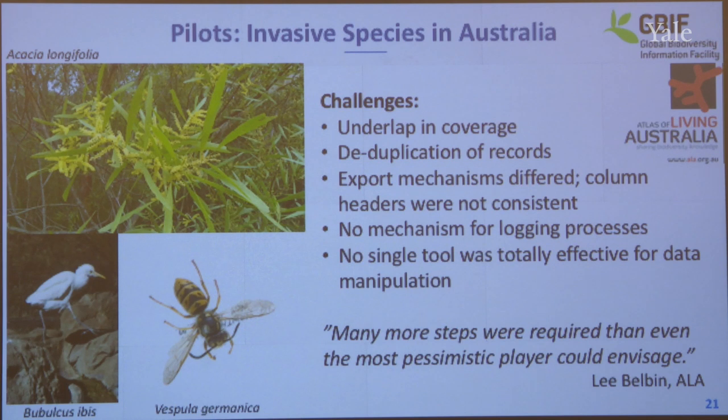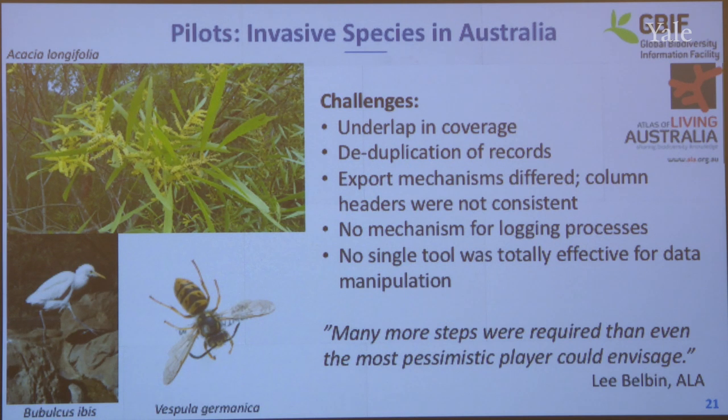So clearly, the first couple of challenges I show here were anticipated. There would be some underlap in coverage from, let's say, ALA to GBIF, and then in some cases they would be tapping the same sources, so there would be duplication of records. So in order to create a nice clean data set, you had to be able to deal with both of these issues. In particular, the deduplication of records is somewhat non-trivial.